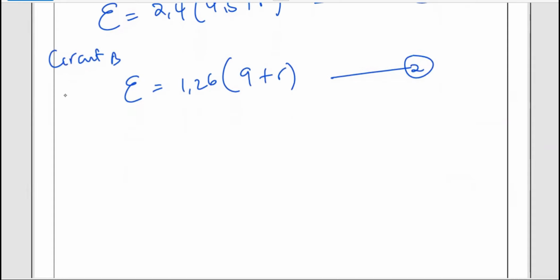Then we equate both of them, 1 equivalent to 2.